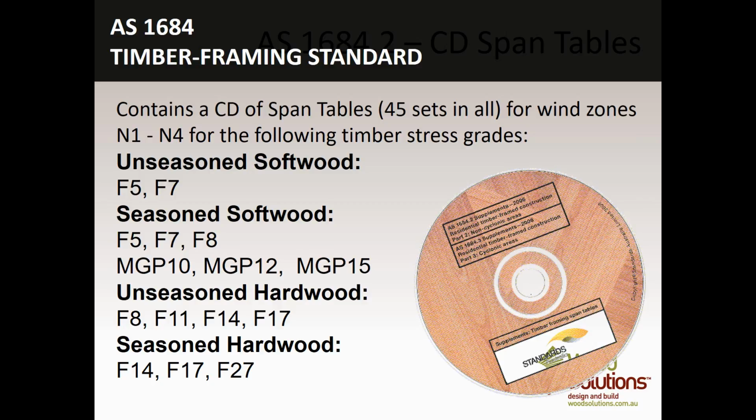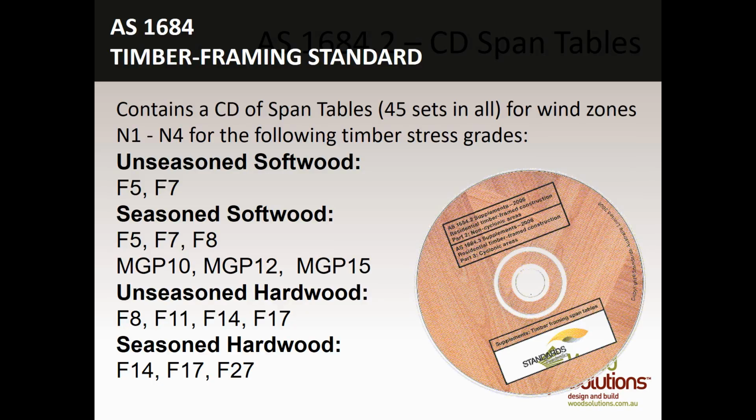Within MGP 10, we will have a timber span table for N1 and N2, so for the two lower wind speeds. And then for N3, we'll have an MGP 10 span table. That span table will include everything from our bottom plates, studs, noggins, top plates, rafters, ceiling joists, roof battens, lintels, and probably pitching beams, hanging beams, purlins, strutting beams, all that sort of stuff.